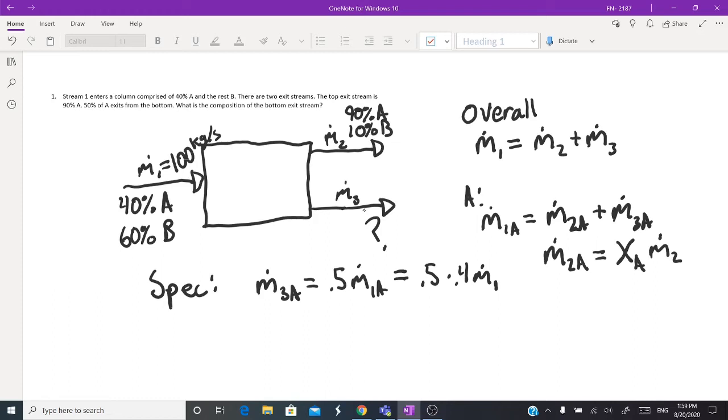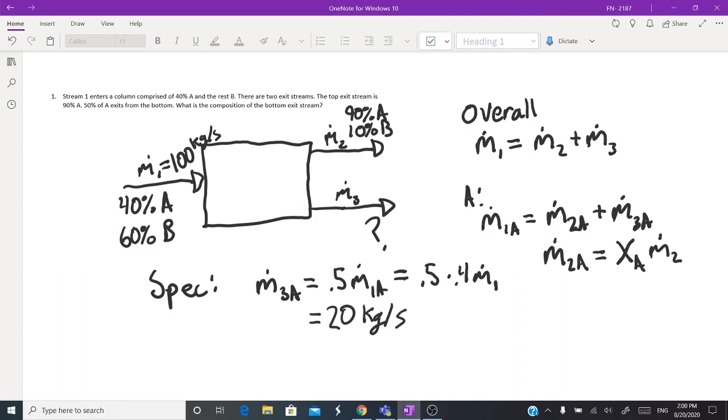And then we can solve for this, and we get that M3A is equal to 20 kilograms per second.